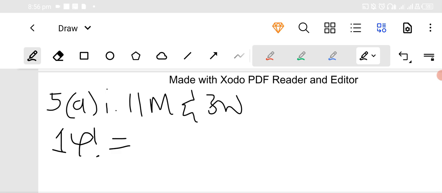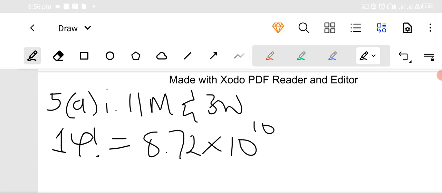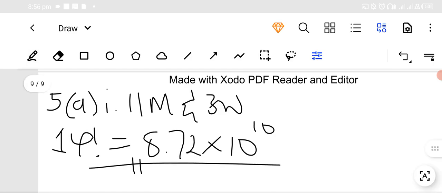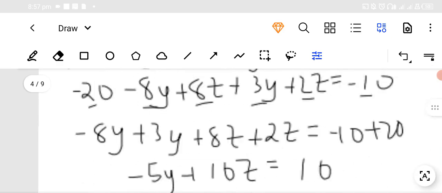Correct to 3 significant figures, 8.72 times 10 to the power 10. You can also write it in standard form, but let's just write it in 3 significant figures. Big answer, but in additional mathematics, we need to be used to such.